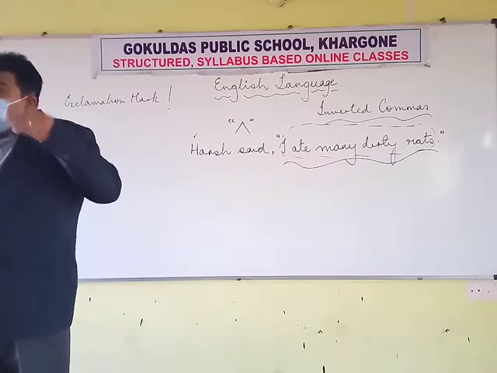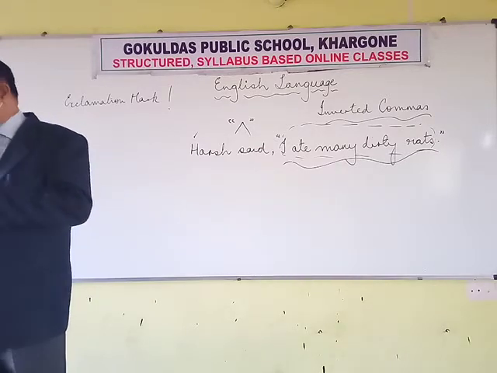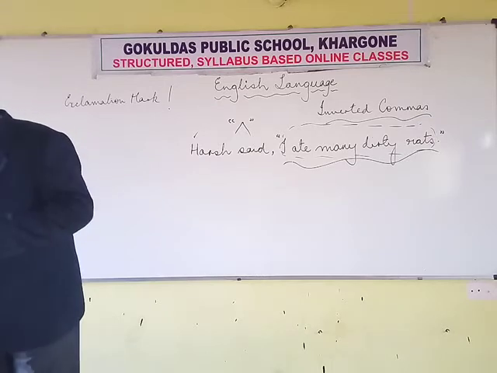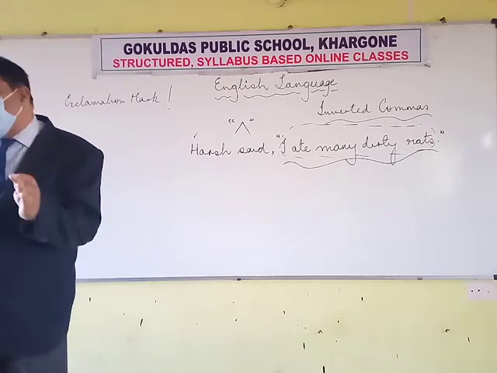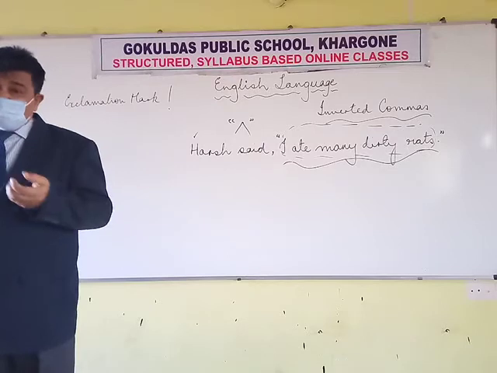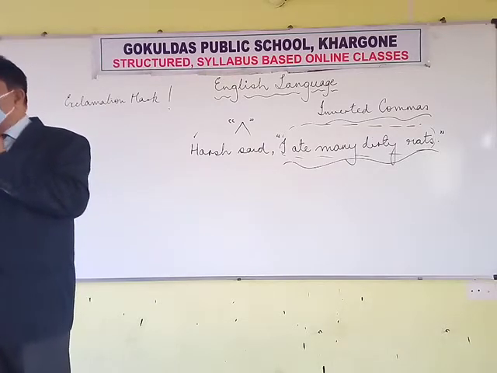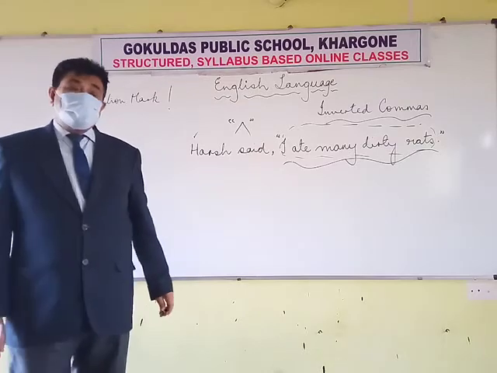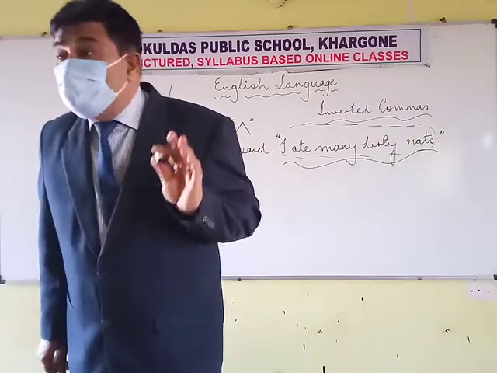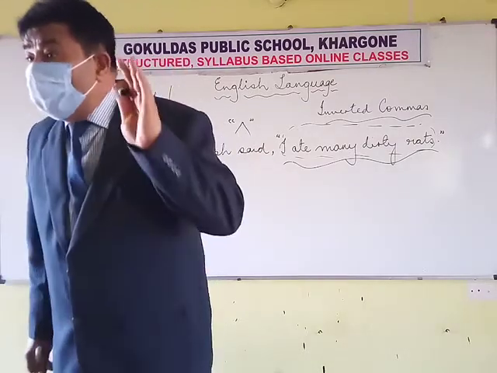Now, an exclamation mark is used after an exclamatory sentence. Now you will say, so what is an exclamatory sentence? An exclamatory sentence is a sentence which expresses some strong feeling.